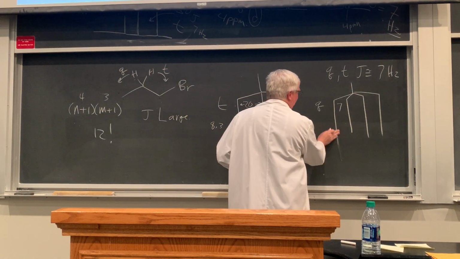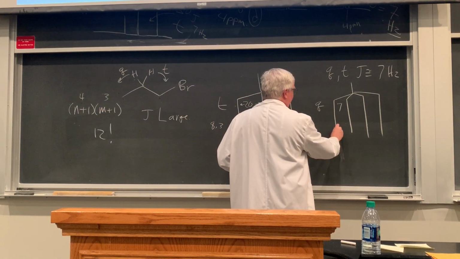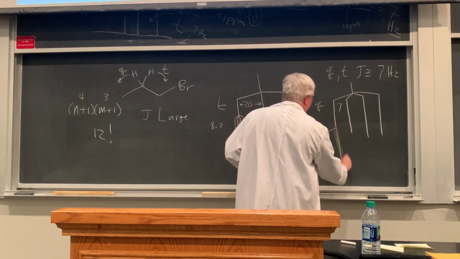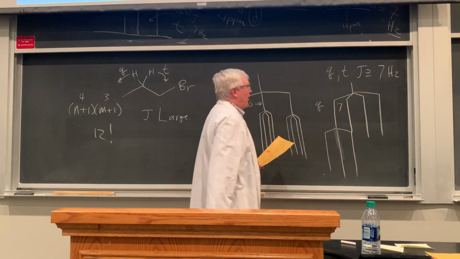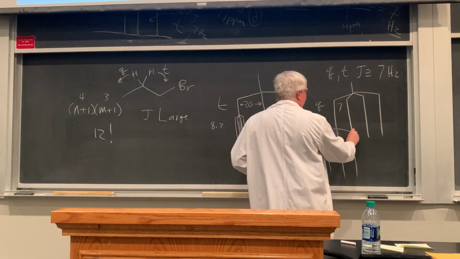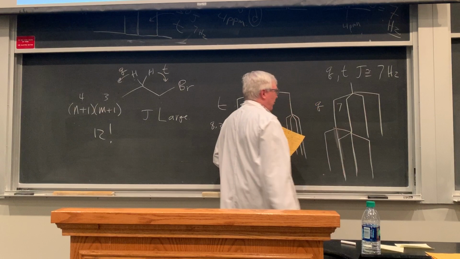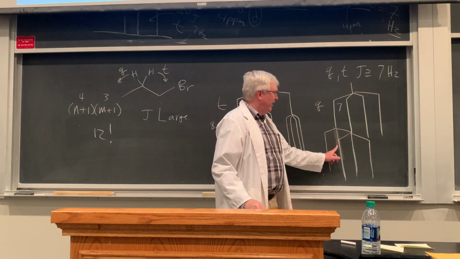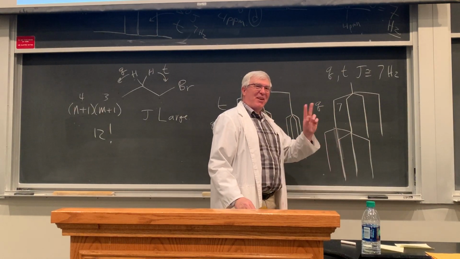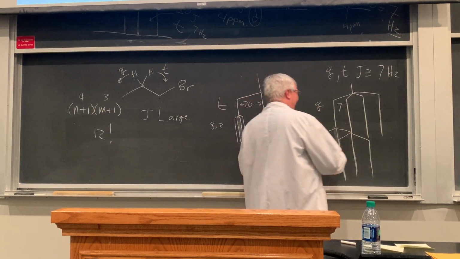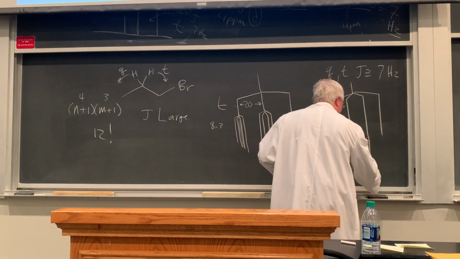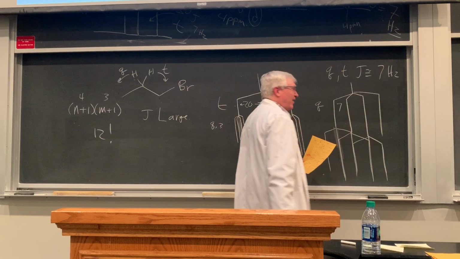Now we need to split each one of these into what? A triplet. That would look like that. For that one. This one would also be a triplet. 3-line pattern. But notice what? We're congruent here, because the 2 J values are both around 7. So this one's also split 3. I'm doing that right. Isaac's nodding his head.